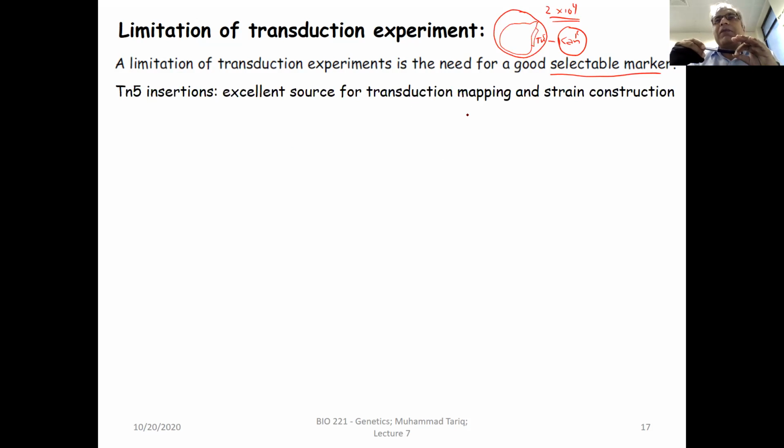To overcome this problem of good selectable marker, we can generate phages using the Tn5 mutagenized population, which are all kanamycin resistant. And we know how much there will be, 40,000, I think.